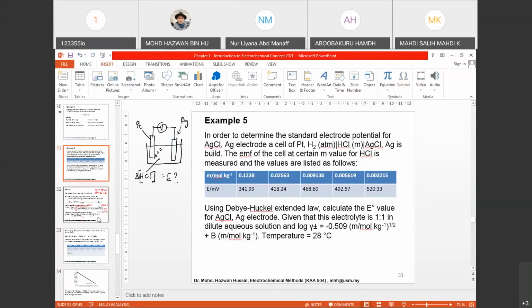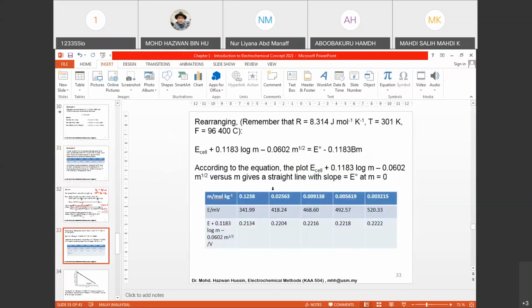I guess maybe here I missed out. But never mind. Since the temperature is equal to 28, when you add 273, you get 301 Kelvin. Faraday's constant is equal to 96,500 or 96,400 or what.